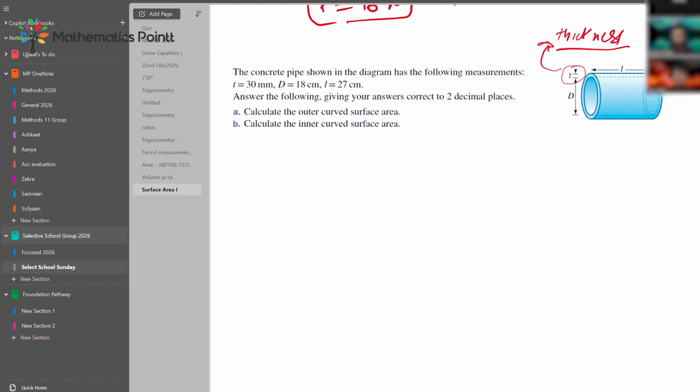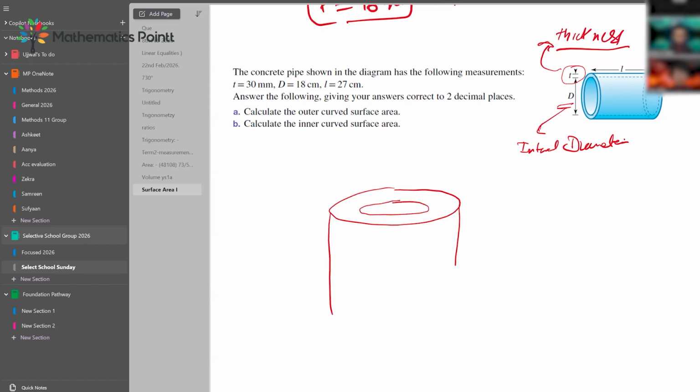And this D is the internal diameter. So think like this. I'm sort of simplifying the question for you. You've got a pipe like this.